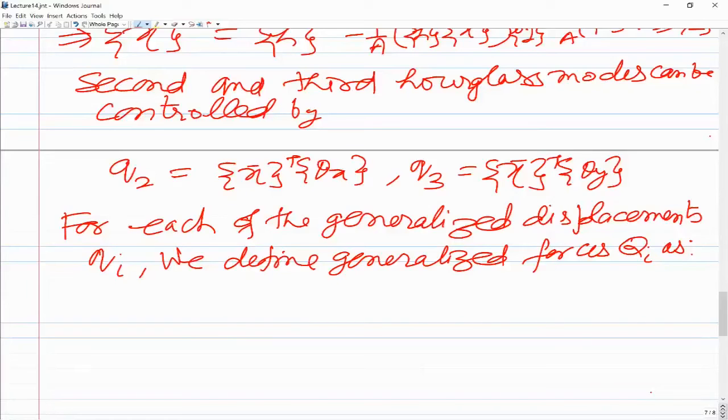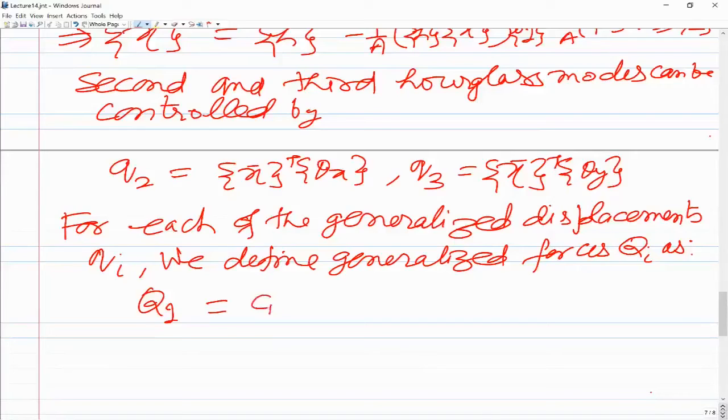And we have to control these. So corresponding to these generalized displacements, we need to apply forces. These forces we define as, say, capital Q1 is equal to some constant, although Q1, Q2, Q3 in general could be coupled. So Q1 might involve small q1, small q2, small q3, but I am taking here that capital Q1 is only related to small q1, and similarly others.